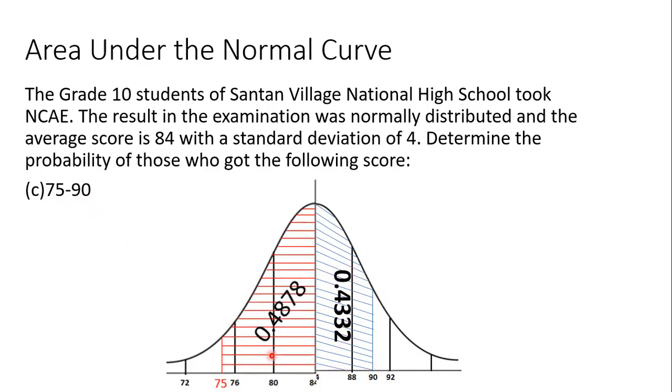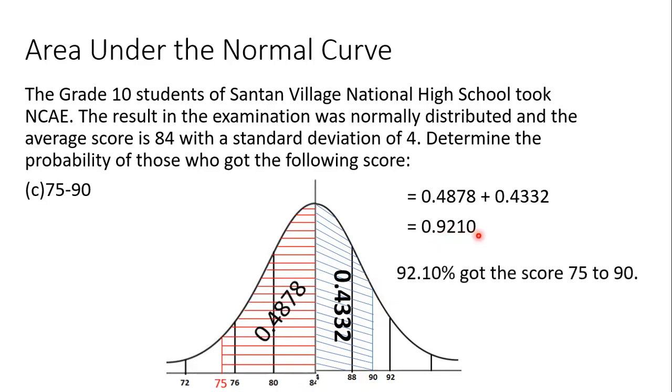The sum of these two areas will be the total area from 75 to 90. So we simply add the two areas and we will get 0.9210. So it means that 92.10% scored 75 to 90.